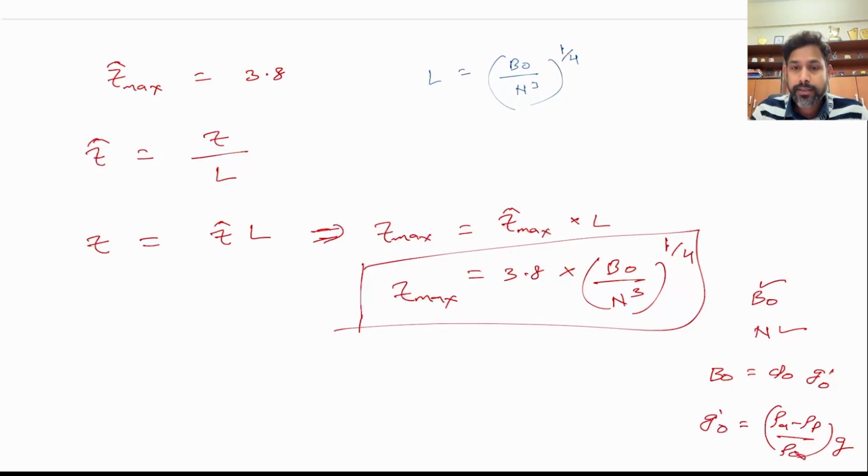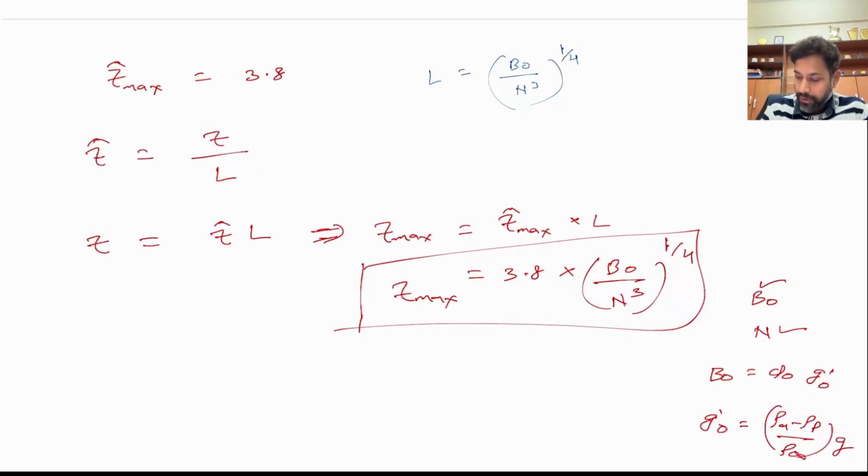So rho infinity is specific to a particular case. Okay, so if you know the B naught value, that is specific to a plume, and N defines the environmental behavior or atmospheric stratification, right? You can predict what is the maximum height to which a plume can reach.